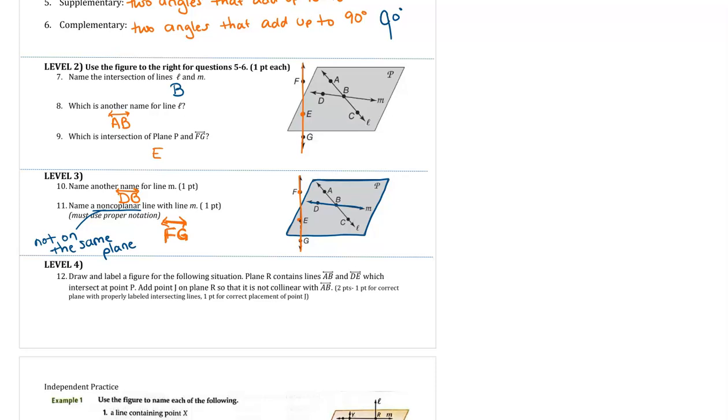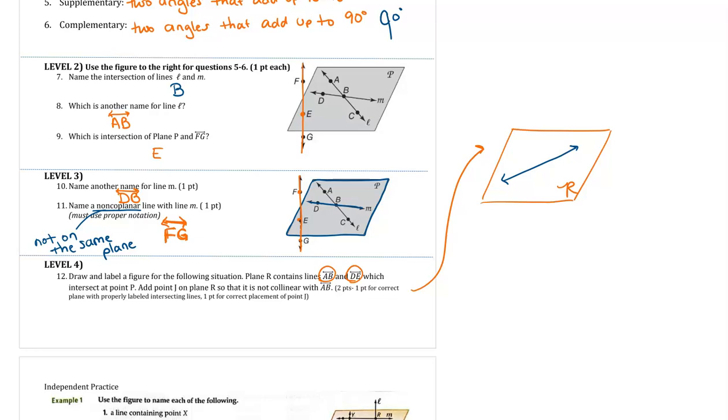All right, the last one, draw and label a figure for the following situation. Plane R, so we've got this, I'm going to draw it over here. Got this sideways rectangle. I'm going to call it plane R. Do your best with your capital cursive R. It's going to contain 2 lines, AB and DE, which intersect at point P. All right, let's get those on the plane.